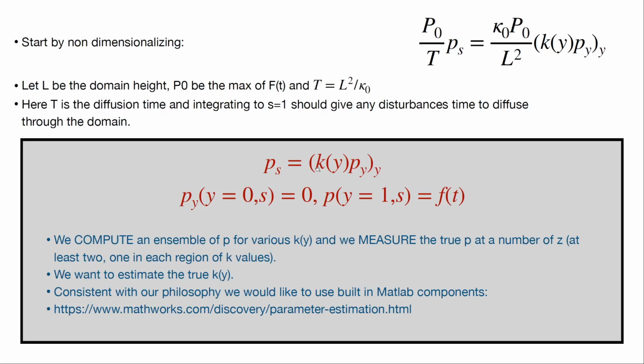And so we're going to use an ensemble code, which I'll show in a separate video, to try a bunch of different two-layer setups and measure the pressure that we have against the pressure that results from those assumptions on the two-layer setup, right? So we can't measure the kappa directly.